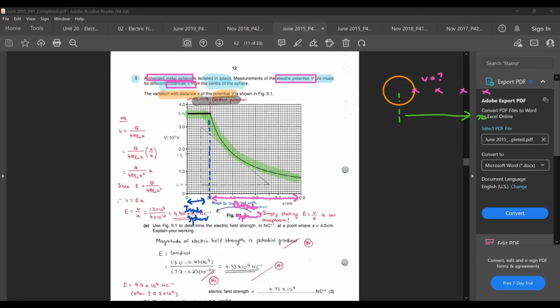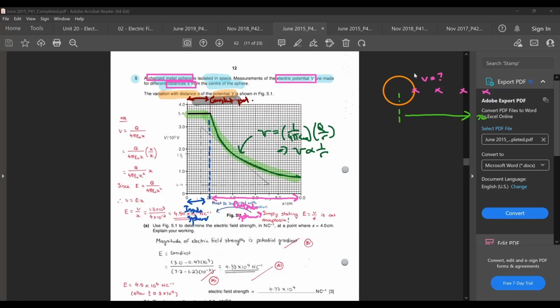So inside your sphere, you must have constant potential, and then outside your sphere, you would have V equals 1 over 4 pi epsilon naught Q over R, such that potential is inversely proportional to R. That was how you got this exponential decay curve in the first place. So that is how they got this graph shape.